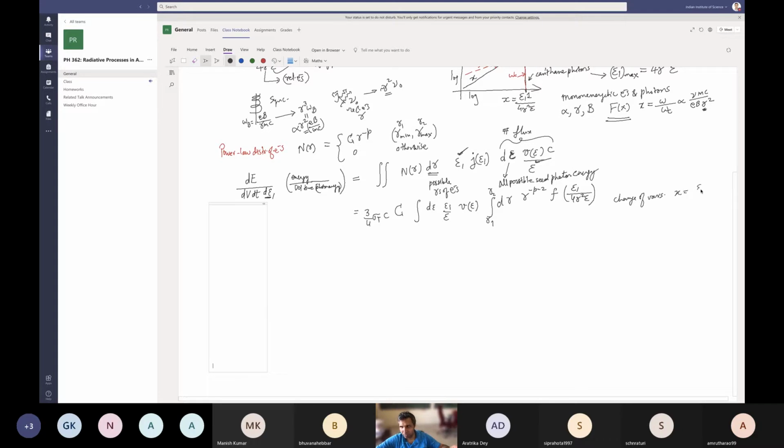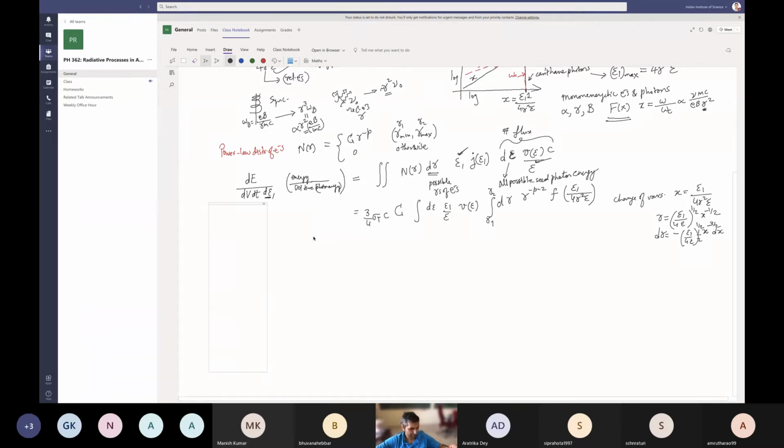So x is equal to epsilon 1 by 4 gamma squared epsilon, and so gamma is equal to epsilon 1 by 4 epsilon, to the half, times x to the minus 1/2. So d gamma is equal to minus epsilon 1 by 4 epsilon to the half, times x to the minus 3/2 dx. So we just do this change of variable.